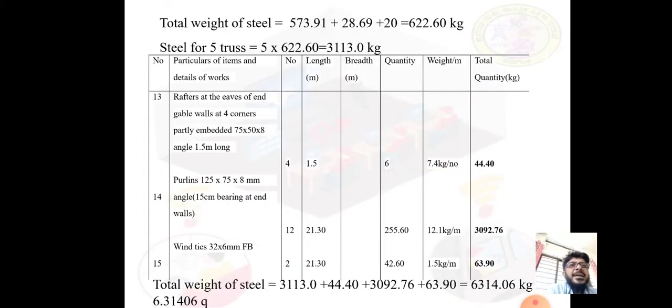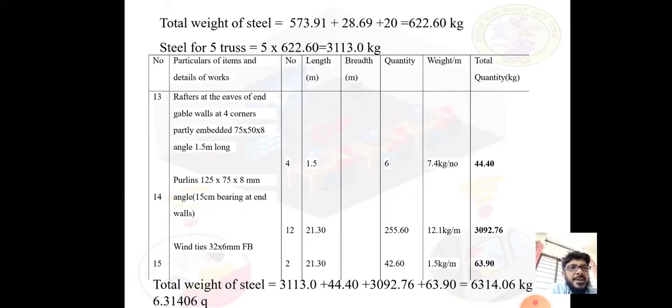So again we will add it to our total weight. 573.91 plus 28.69 of rivets and cleats plus 20 kg of bolts. So we got 622.6 kg of total weight for each truss.